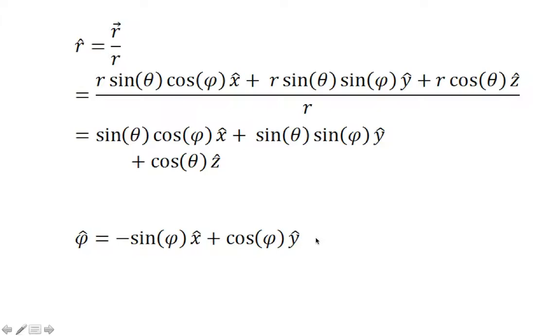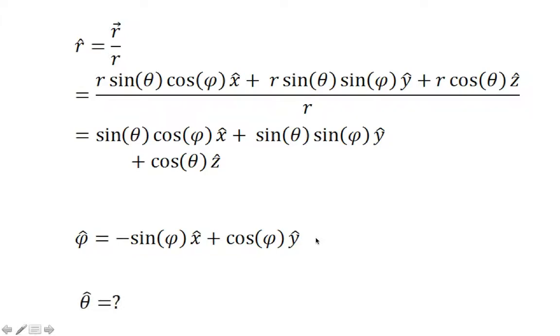Phi hat is going to be exactly the same as in polar coordinates, so it's going to be negative sine phi x hat plus cosine phi y hat. Now all we have to do is find theta hat.